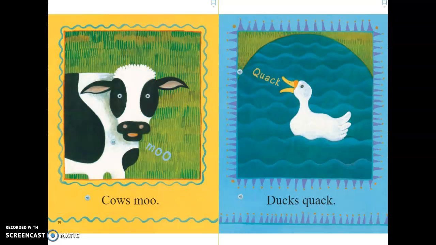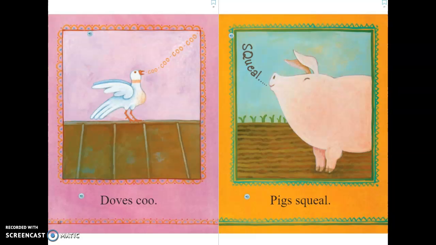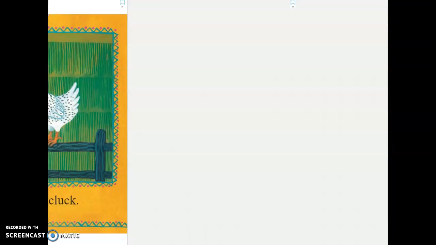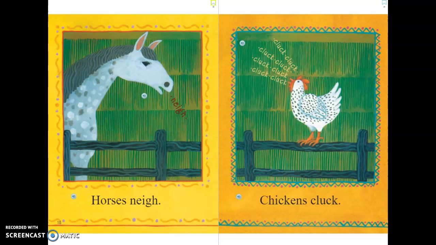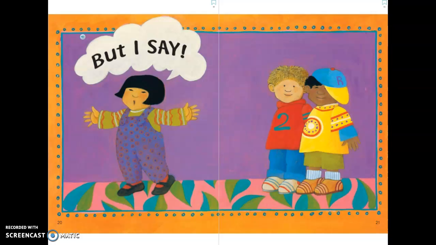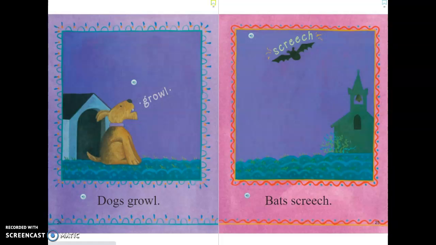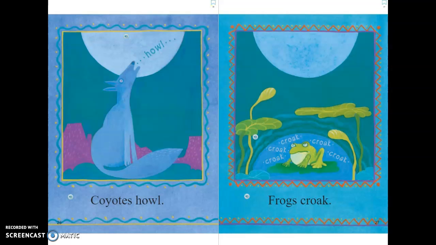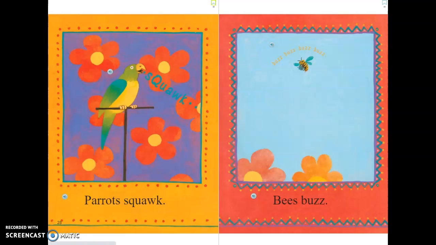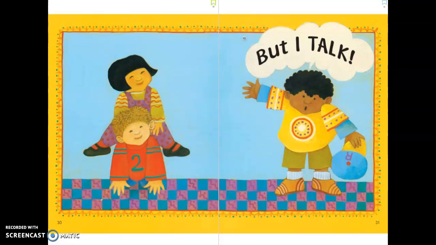Cows moo. Ducks quack. Doves coo. Pigs squeal. Horses neigh. Chickens cluck. But I say. Flies hum. Dogs growl. Bats screech. Coyotes howl. Frogs croak. Parrots squawk. Bees buzz. But I talk.